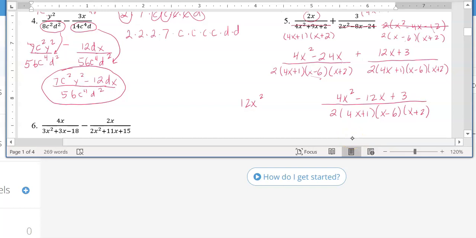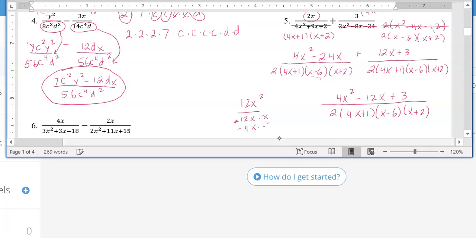12x squared. Now I need the factors of 12x squared that add up to negative 12x. Well, you can probably see that there aren't any factors of 12x squared that add up to 12x. The factors of 12x squared would be 12x and x. Now both of them have to be minus. So negative 12x, negative x. That's not going to add up to negative 12x.